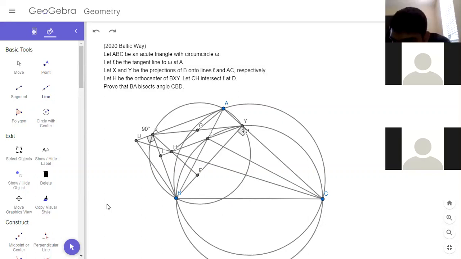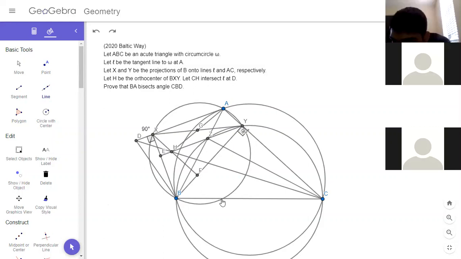Let's see. Yeah, I'm trying to go for similar triangles here. Can we do stuff with ratios? Let's see. So I think I can prove that XE passes through that point.